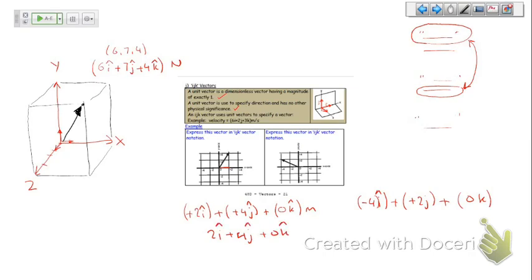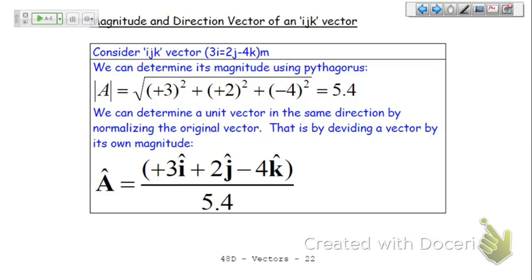You don't have to have these parentheses, but I like to do it, certainly at the beginning, to make sure I'm not messing up. And this one will be minus 4i plus 2j plus 0k. So you just get the hang of things, and they're incredibly useful, as you'll see. They make life much simpler.